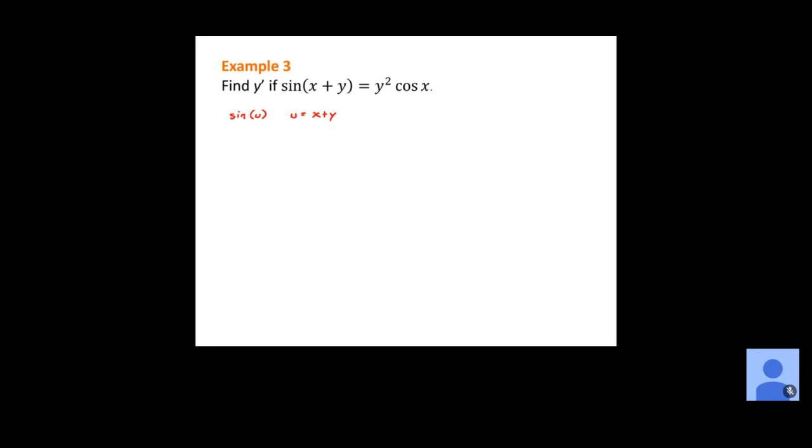Just cosine u. But because it's a chain rule, don't forget we need u prime. So now I need to think about what the derivative of x plus y is going to give us. What would that be?